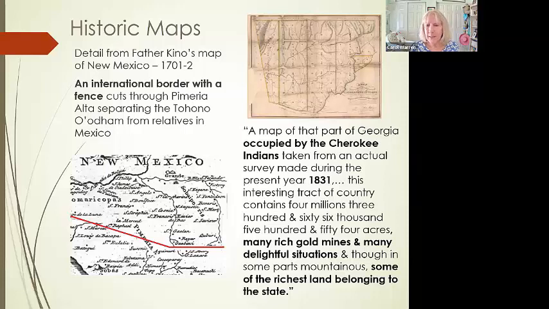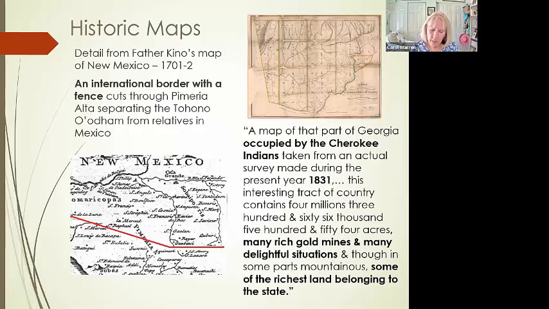Now I'm sure most of you recognize the timing of this map, as the Indian Removal Act was signed into law in May of 1830. But you can see just from this description why the Indian Removal Act was put into effect. This act authorized the president to grant lands west of the Mississippi in exchange for Indian lands within existing state borders, such as the Cherokee lands in Georgia.